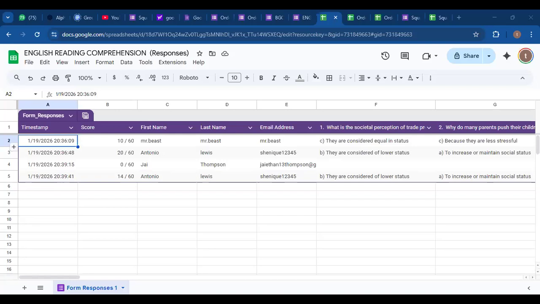Carlton Scott, what number are you on? 4. Okay. Shannon Smith, what number are you on? 15. Okay. China, what number are you on? 14.